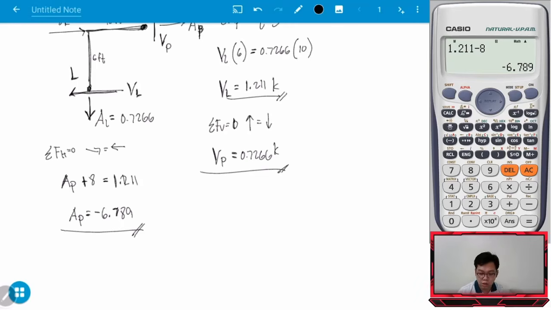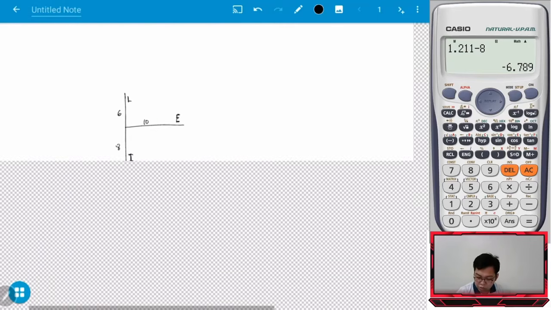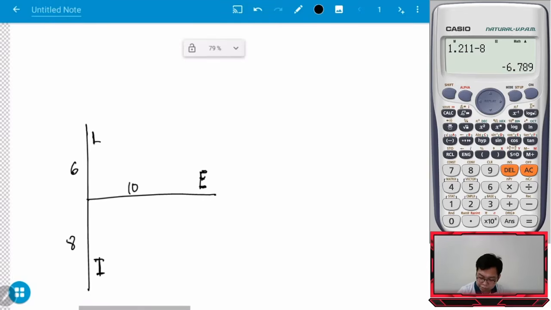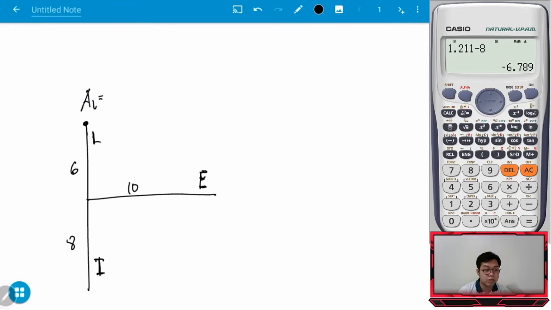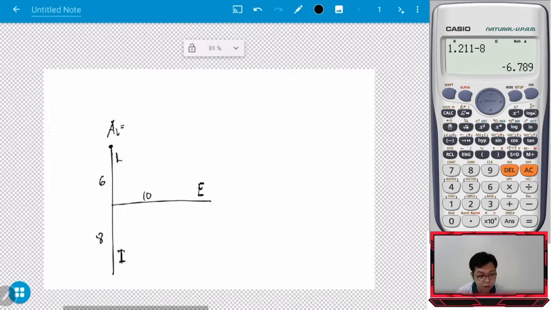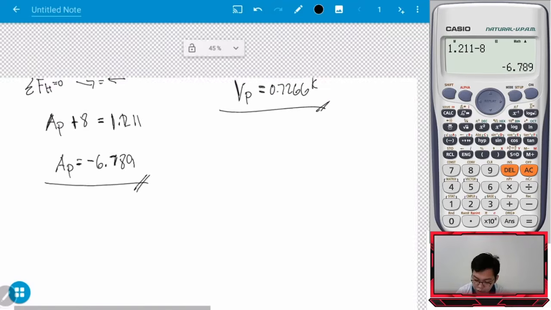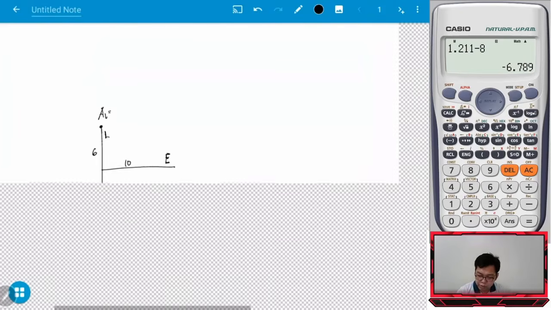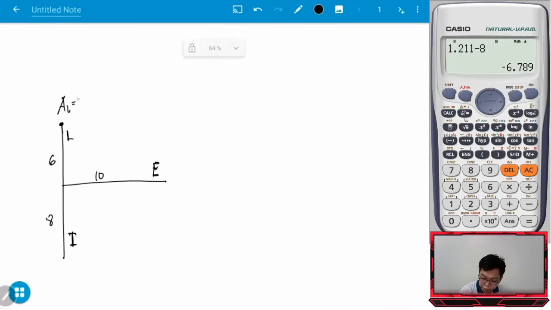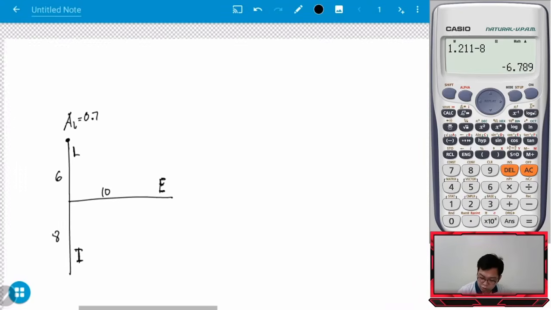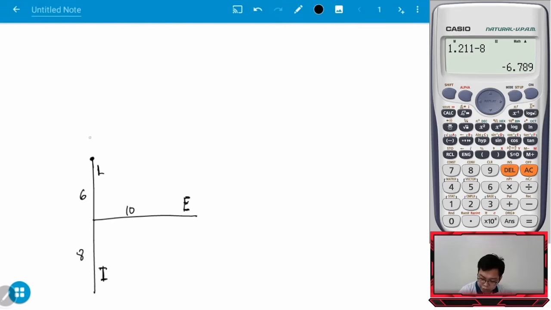Action, reaction. Okay? So, balik tayo dito. So, yung AL para dito is going up. Axial force sa L, which is equal to, ano nga ulit to? 0.7266. Tama, no? Tama. 0.7266. Yan, upward. Okay?